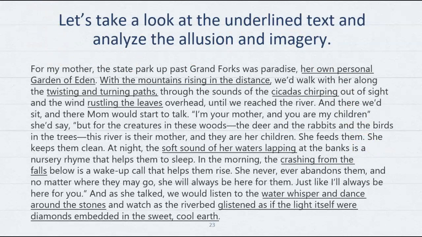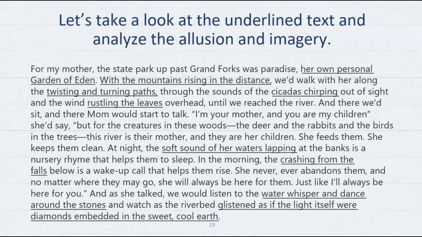It says, "For my mother, the state park up past Grand Forks was paradise, her own personal Garden of Eden. With the mountains rising in the distance, we'd walk with her along the twisting and turning paths, through the sounds of the cicadas chirping out of sight and the wind rustling the leaves overhead, until we reached the river. And there we'd sit, and there Mom would start to talk.